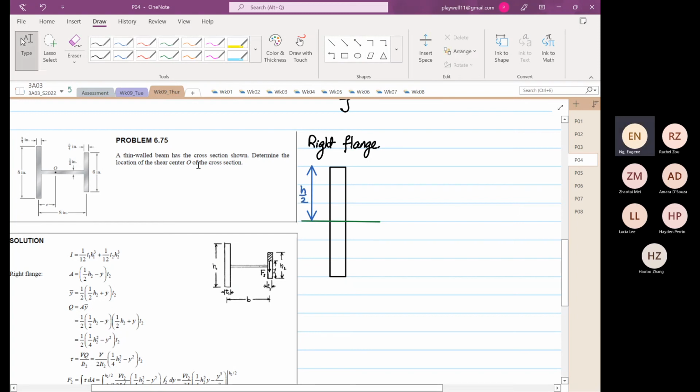And then we are going to call this point over here y, so y is our variable.